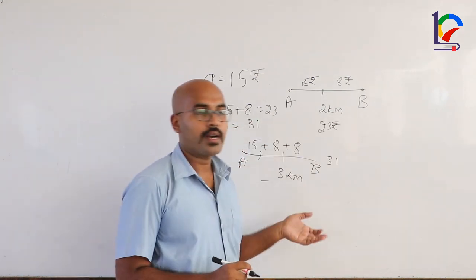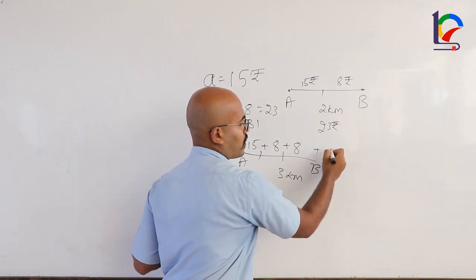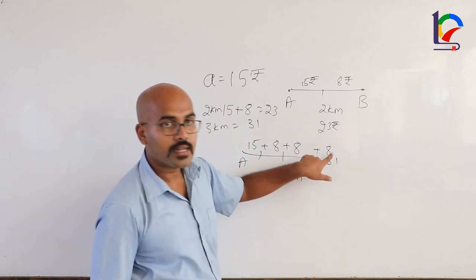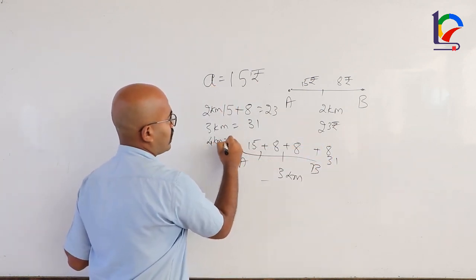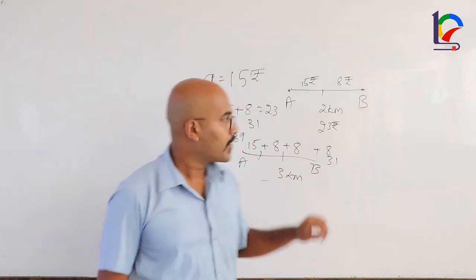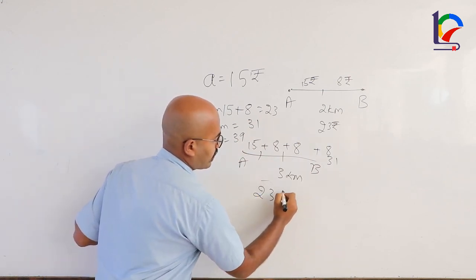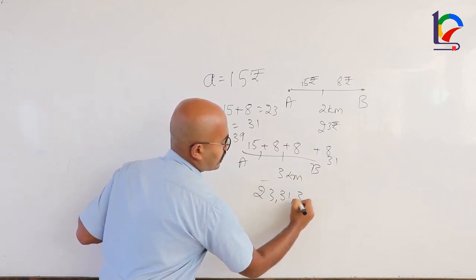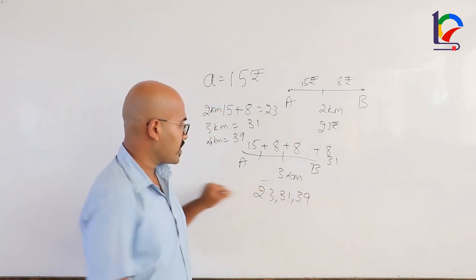Similarly, if you travel one more extra kilometer, you will be adding 31 plus 8. So for the 4th kilometer you will be paying 39. When you take all these terms, 23, 31, 39, what did you find in the first term?